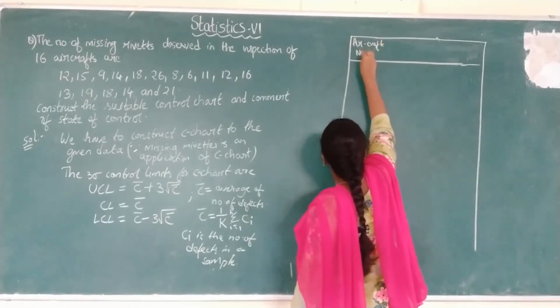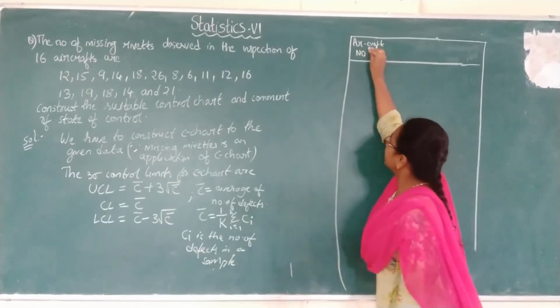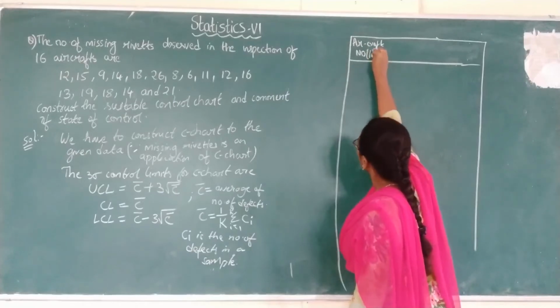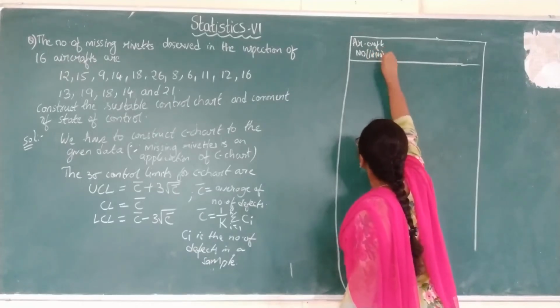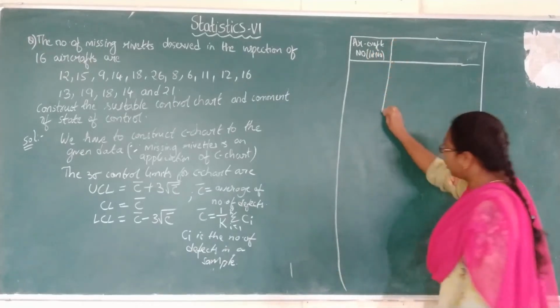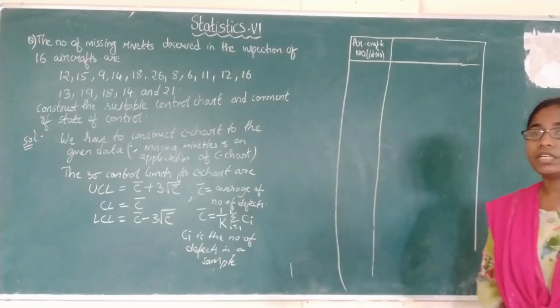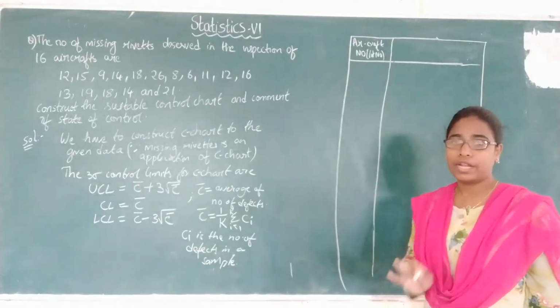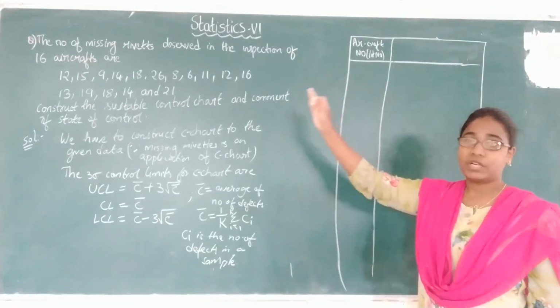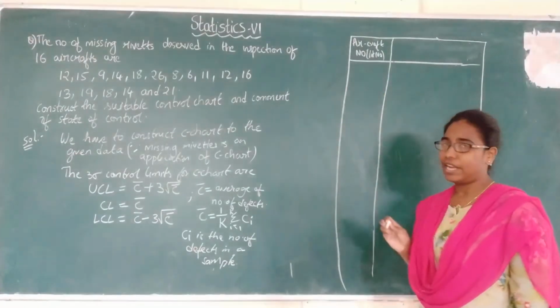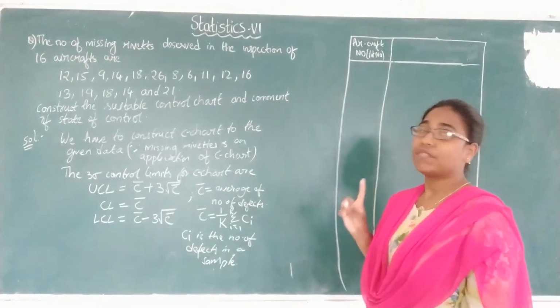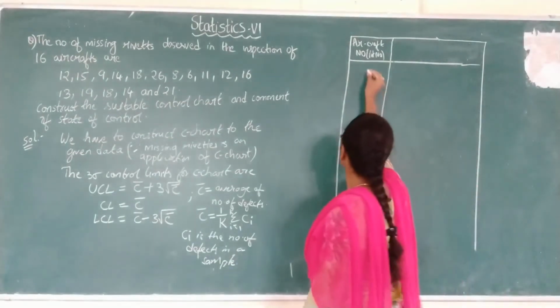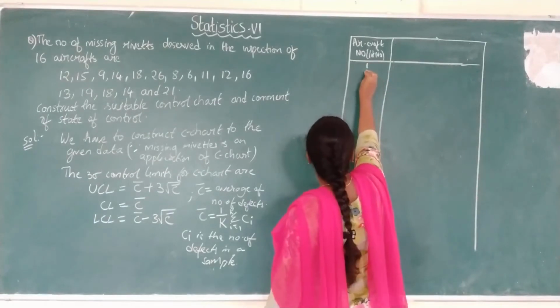You can also write it as lot number or sample number. It depends on you what you write. You can use any one terminology, either sample number or lot number, or you can write whatever is given in the question, that is aircraft number. In total they have given 16 aircrafts. Write down 16 samples.